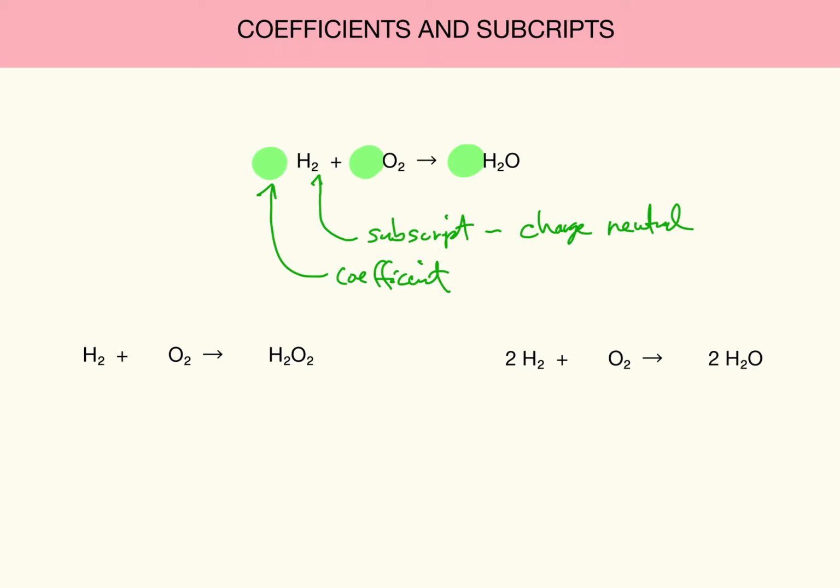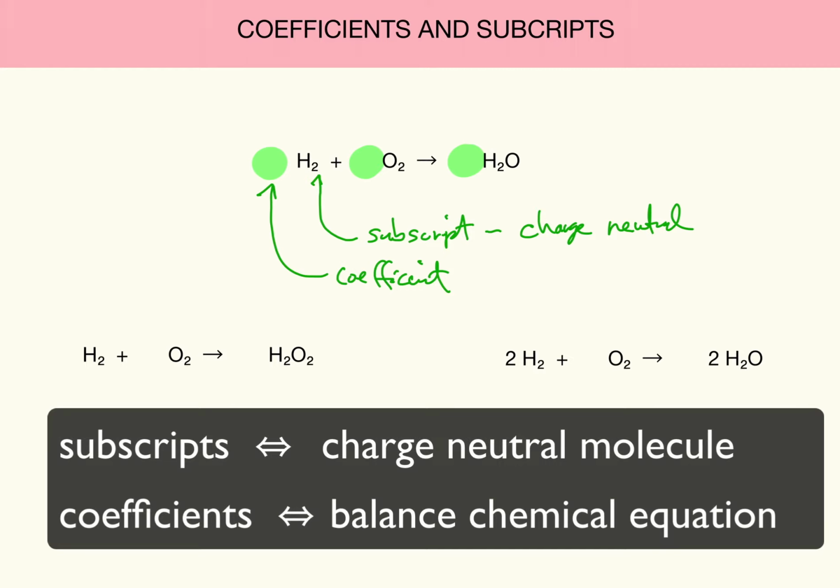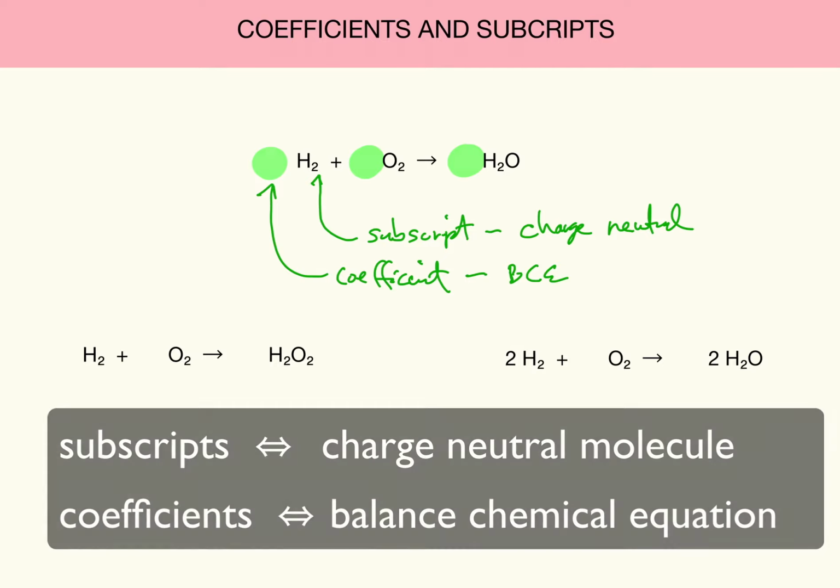For example, when you paired an aluminum with an oxygen and needed to make that compound charge neutral, you wound up putting a 2 after the aluminum and a 3 after the oxygen. Here you had to fiddle around with the subscripts to make the compound charge neutral. So, subscripts are for making a compound charge neutral, but coefficients are used for balancing the chemical equation.